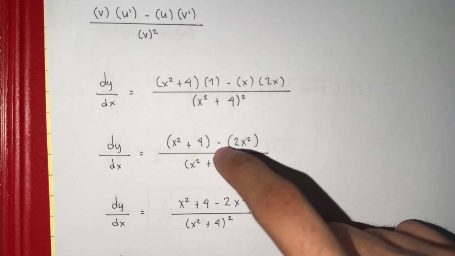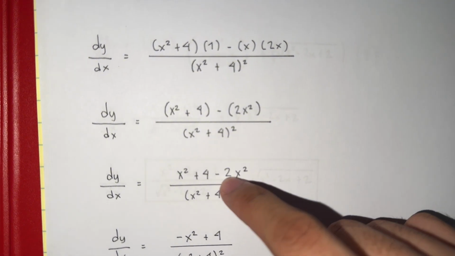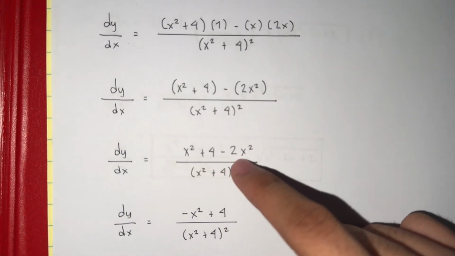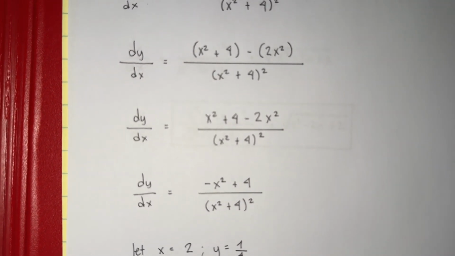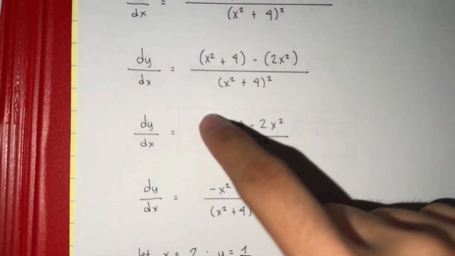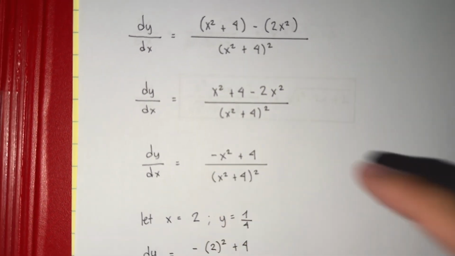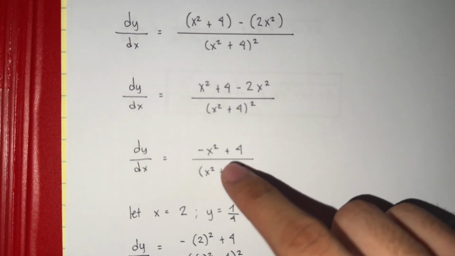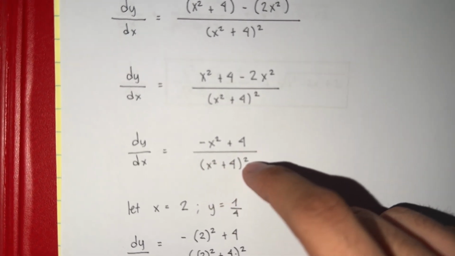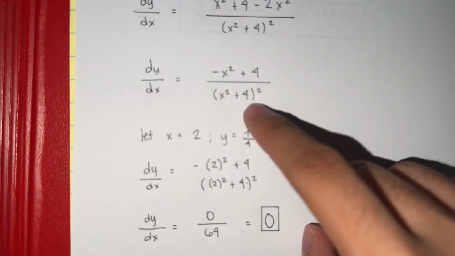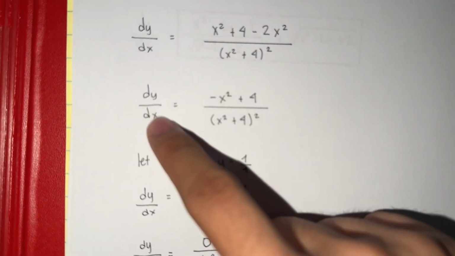First we need to distribute the negative here, so it becomes negative 2x squared. So x squared plus 4 minus 2x squared over x squared plus 4 squared. We can still combine like terms here, so it becomes negative x squared plus 4 over x squared plus 4 squared. This is our first derivative.